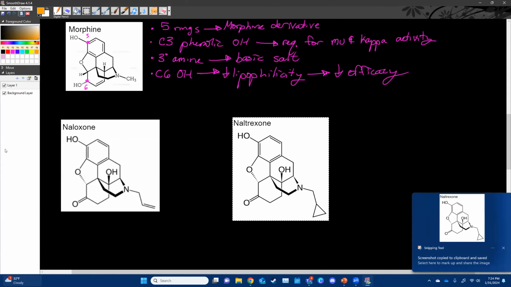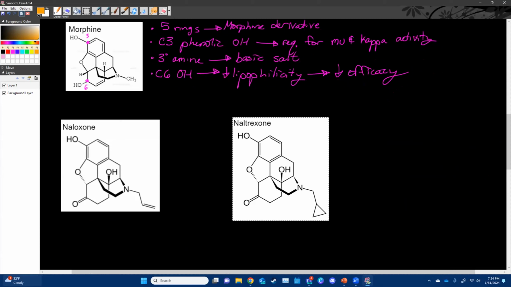Now we're going to look at the antagonists. Just like what we saw with oxycodone, we're taking the structure of oxycodone, which has 3 components.